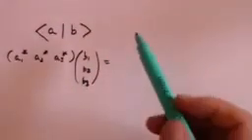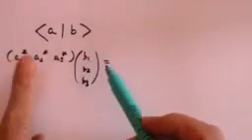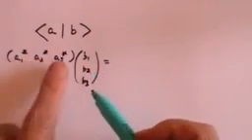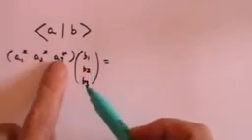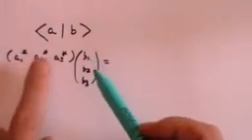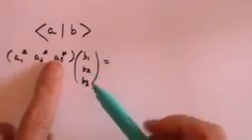And what that produces is not a vector, just a number. The number is produced by taking the first element in each case and multiplying together, then adding the product of the second elements, and then adding the product of the third elements. I'll say that again: it's the product of the first elements plus the product of the second elements plus the product of the third elements.